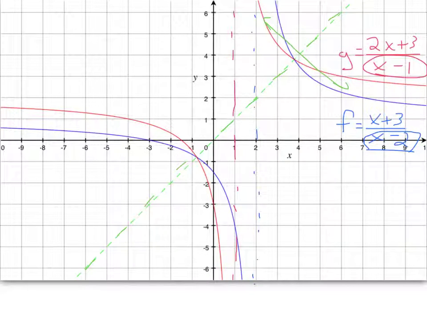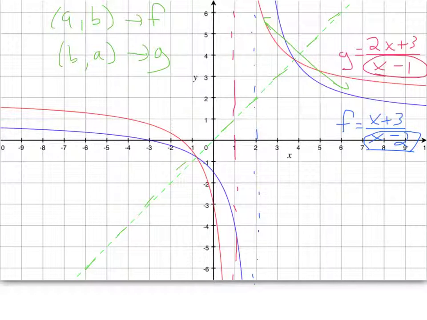Now, as far as the numerical part, basically the idea is that if a, b is on the graph of f, then b, a has to be on the graph of g. So let's look at a couple points here.